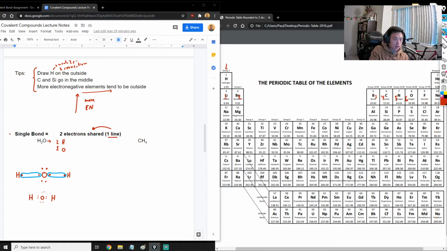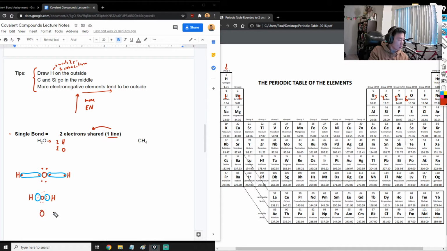Okay, and if you guys notice, the hydrogens are sharing with the oxygens, right? If I covered up both hydrogens, it looks like oxygen has 8. And if I covered up the oxygen, it looks like both hydrogens have 2, which is exactly what they want. And so if we drew the stick structure for this, we would just write the elements.